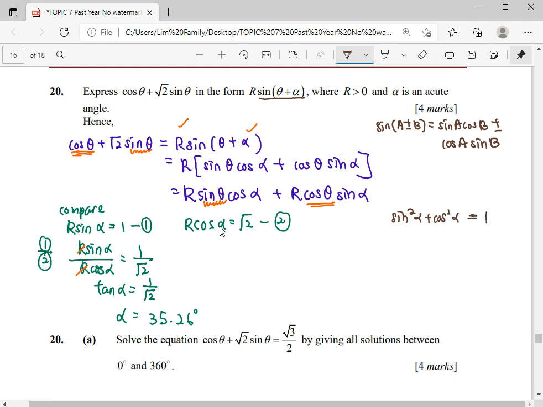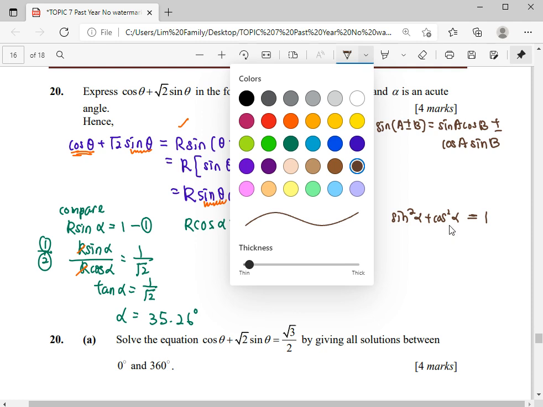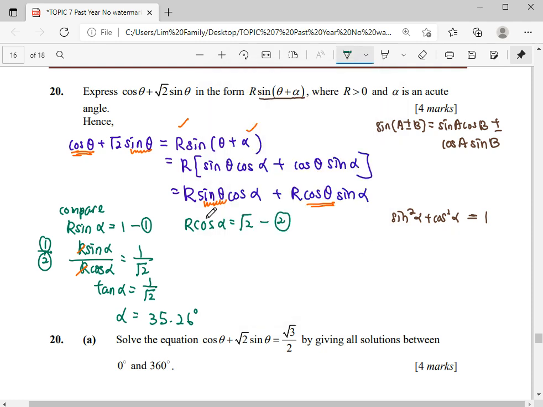This is our identity. When I want to get sine square alpha plus cos square alpha, my equations need to be squared, because now our equations just have sine alpha and cos alpha. So I square these two equations and add them together, and I will get sine square alpha plus cos square alpha.